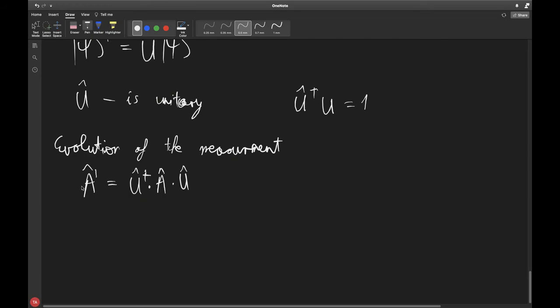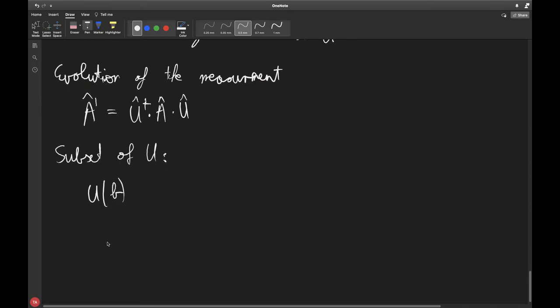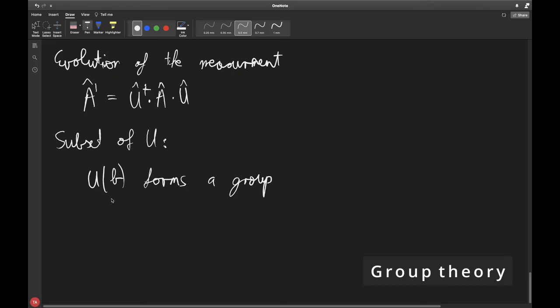These U's as of now were really just abstract operators, but there's a subset of these operators which will depend on a parameter. So a subset of U is such that it's a U which depends on a parameter which I'm now calling b. There is a subset which also forms a so-called group. I think there is another video which is describing groups in general.